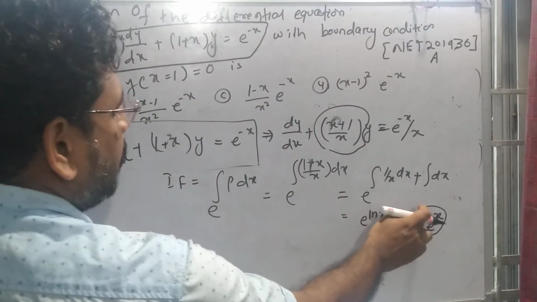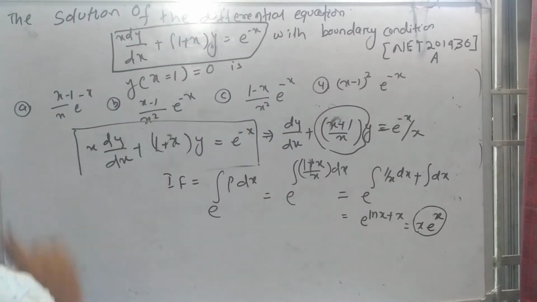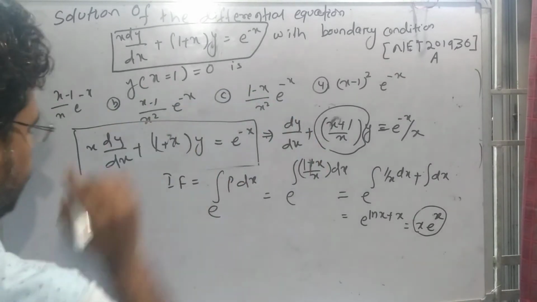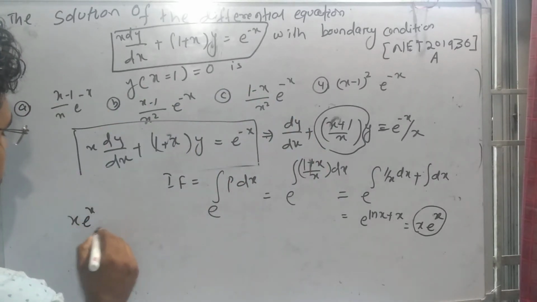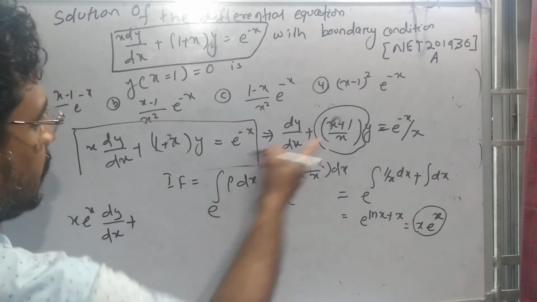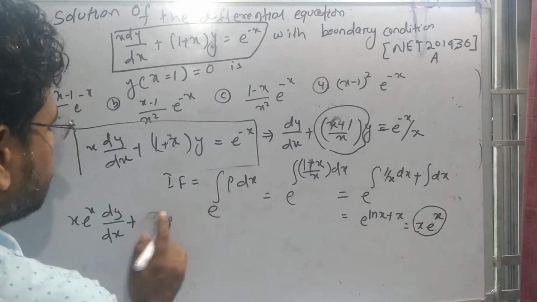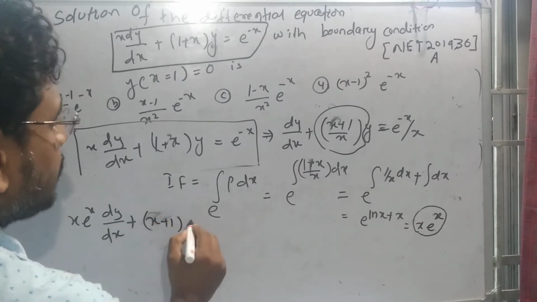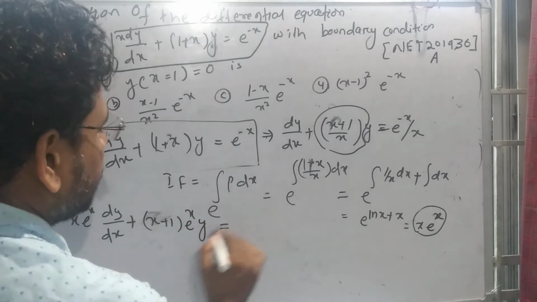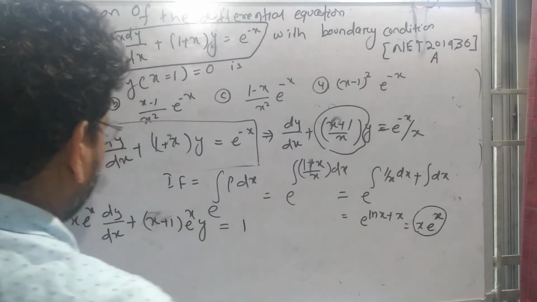Now we have to multiply this integrating factor over the whole equation. So the equation becomes x e to the power x dy/dx plus (x plus 1) e to the power x times y, and on the right hand side, after multiplying the integrating factor, it will be 1.